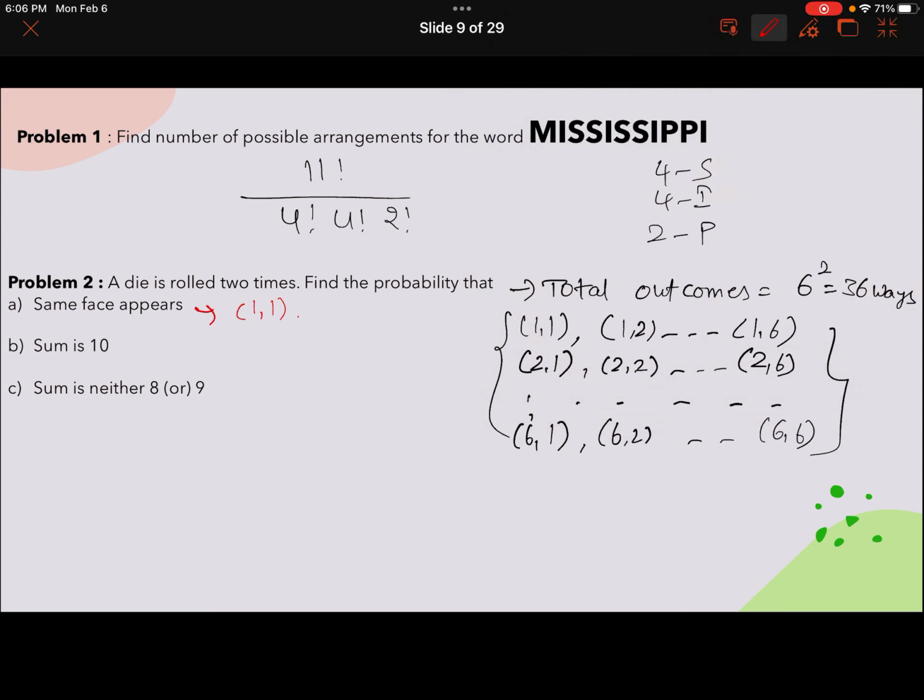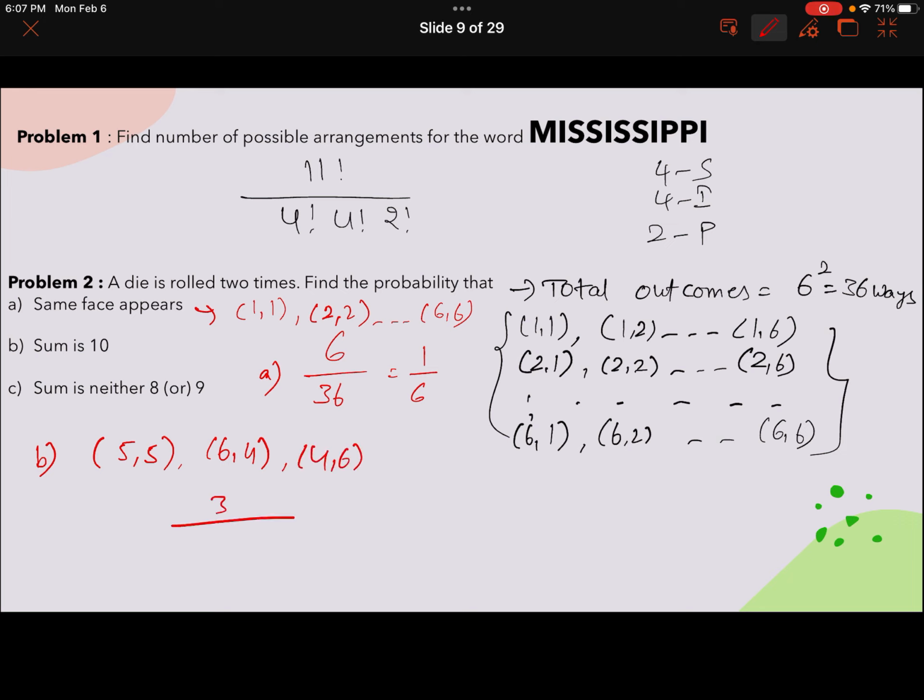The possibilities are 1 comma 1, 2 comma 2, and so on, up to 6 comma 6. There are 6 possible outcomes out of 36, that is 1 by 6. Sum is 10. What are the possible ways? 5 comma 5, 6 comma 4, 4 comma 6. That's it. There are 3 possible ways out of 36.